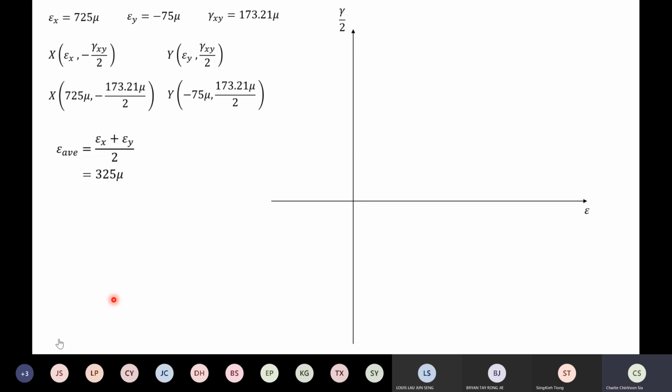All the values are there. Just take out your graph paper and use a proper scale. You can use 1 cm equals 700 micro or something like that. Try to sketch the Mohr circle.